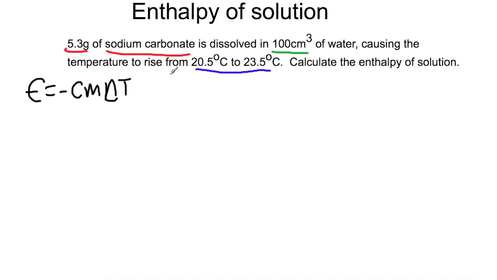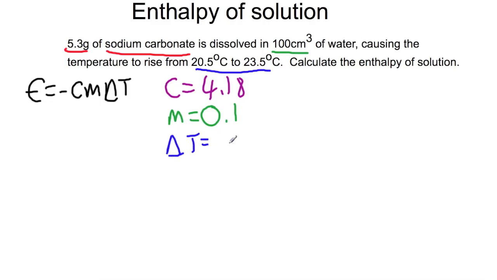So again, just using the information about water for this, we have C equals 4.18, M is the mass of the water that we were using, so 0.1 kilograms, and then delta T is the end temperature, 23.5, minus the start temperature, 20.5, to give us a temperature rise of 3.5 degrees.